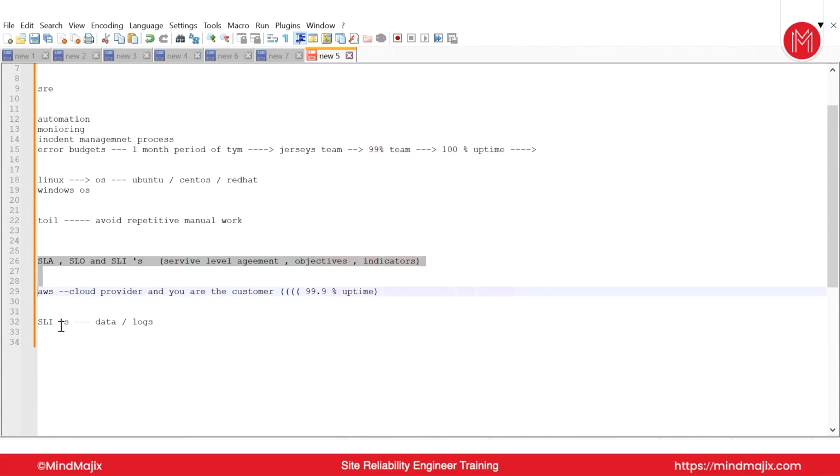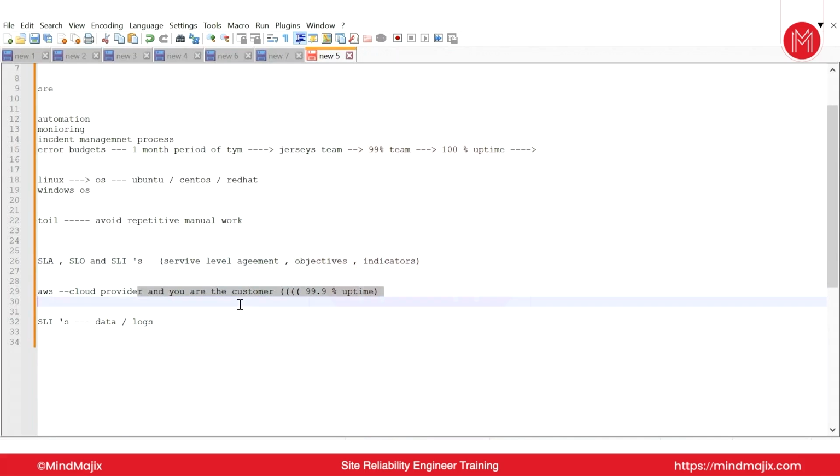SLI is a measurable metric used to monitor and measure both the SLAs and SLOs. SLA is the agreement between the cloud provider and the customer, SLO is used to see if that target is achieved or not, and SLI is the metric used to measure both the SLA and the SLO.